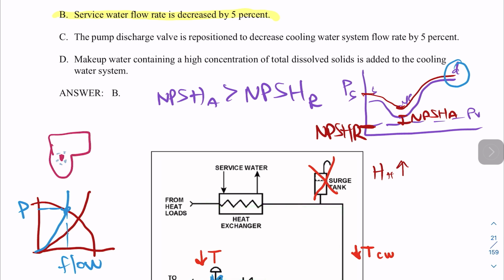That's going to increase the temperature in this piping system, meaning I'm increasing the temperature that gets through here. If I increase the temperature, I'm going to be closer to saturation, and therefore closer to where vapor formation is created in the impeller.